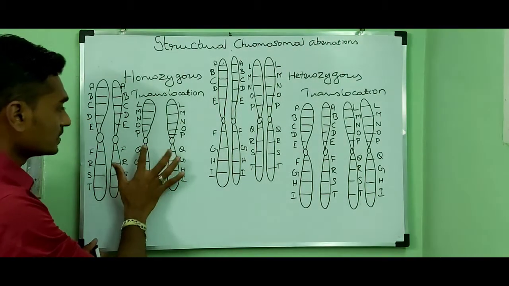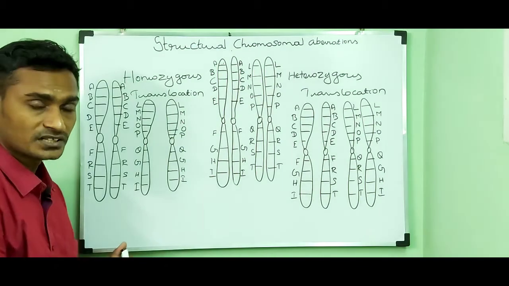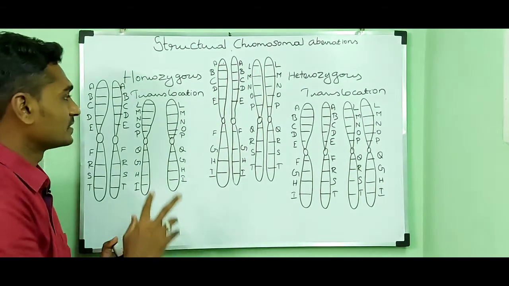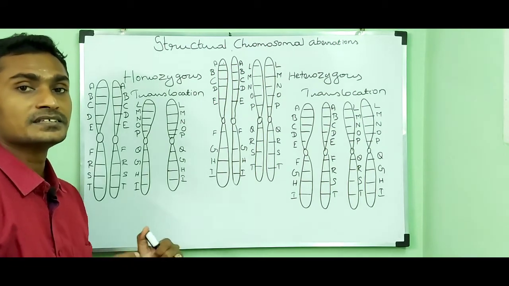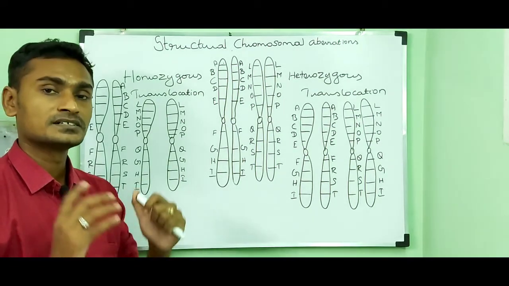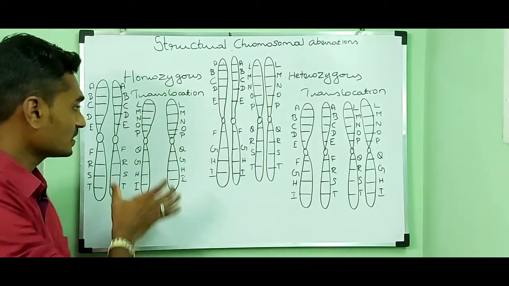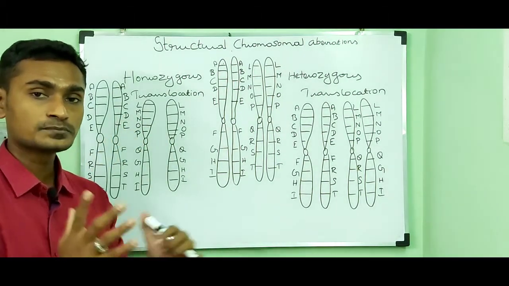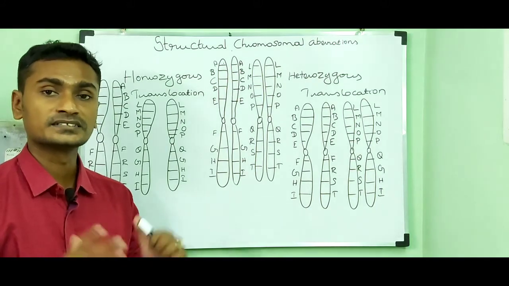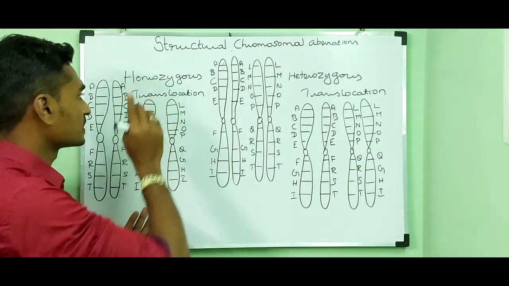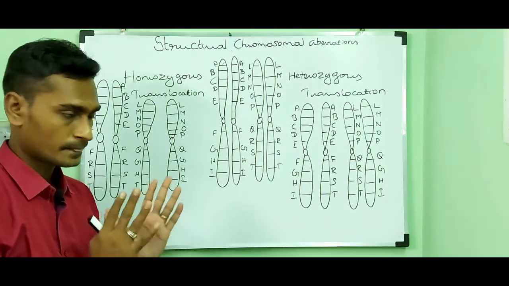So the translocation occurs and each pair of translocated homologous chromosomes is identical, and that process is called homozygous translocation.